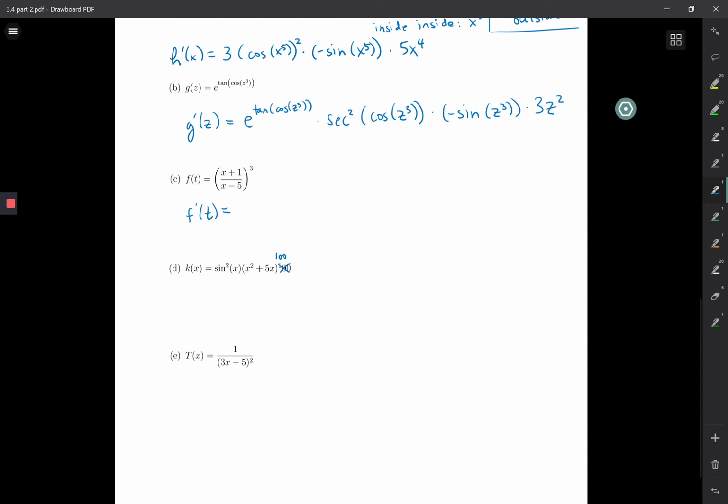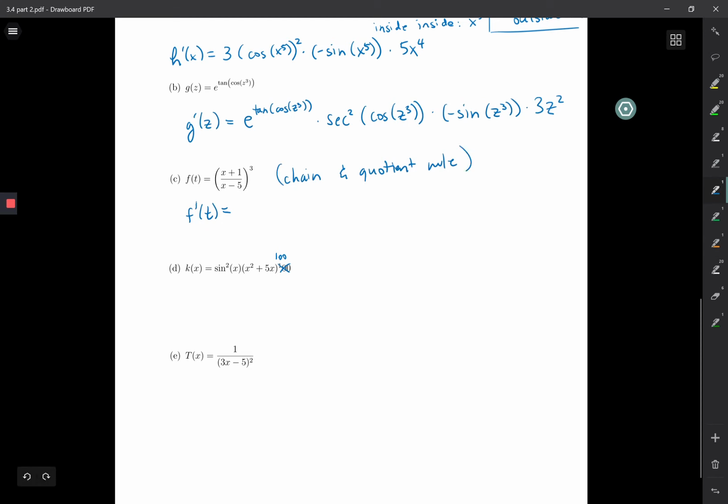So I have a function inside of the x cubed function. So I need to use a chain rule, and then also I have a ratio of 2 functions, so I'm going to use the quotient rule on that.